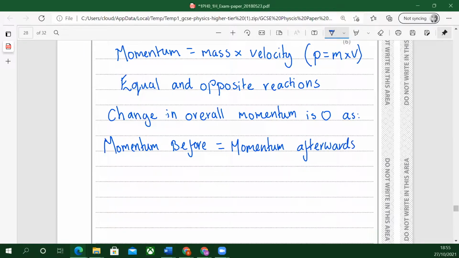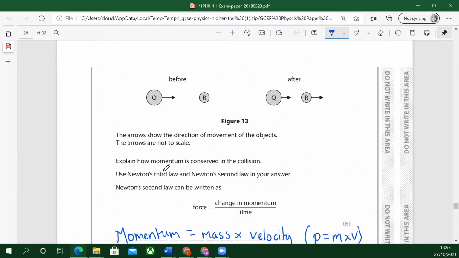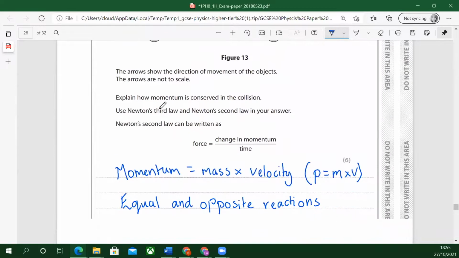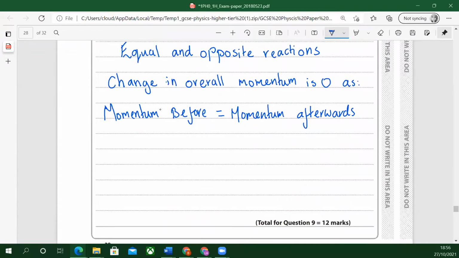So what would that be? Let's have a look which one was actually stationary. R was stationary before, so R has to accelerate afterwards.